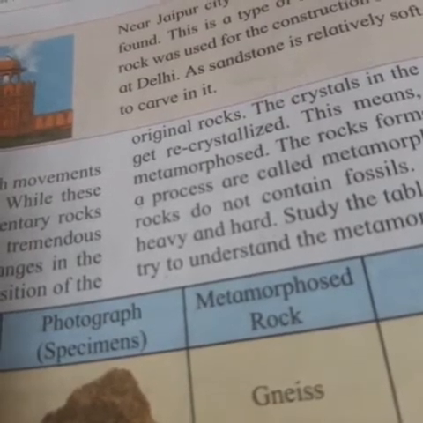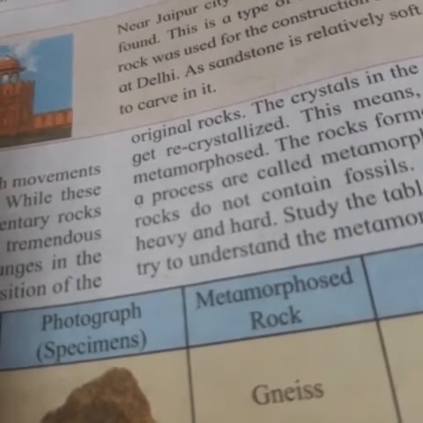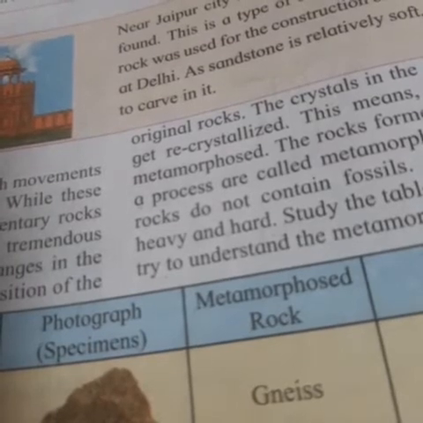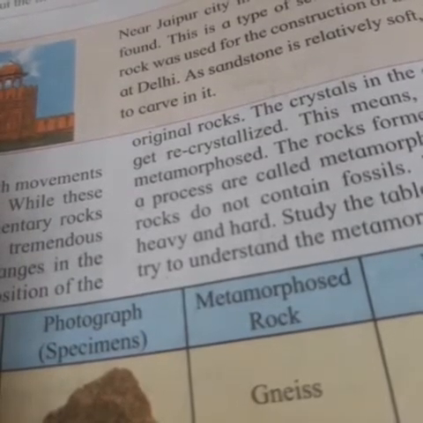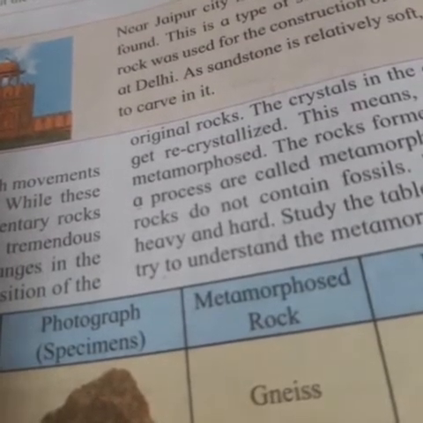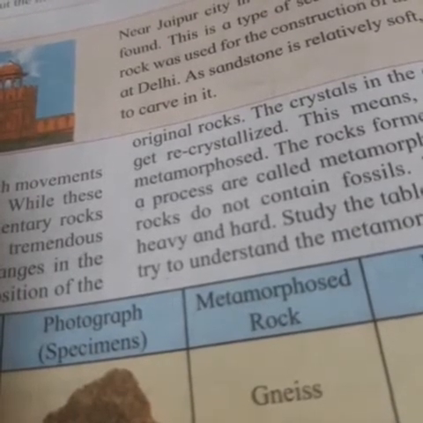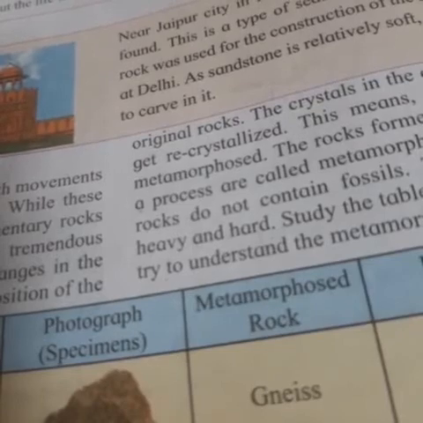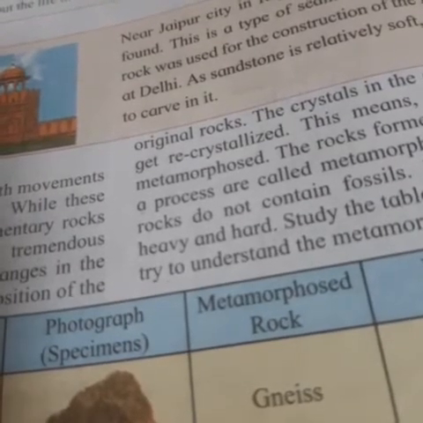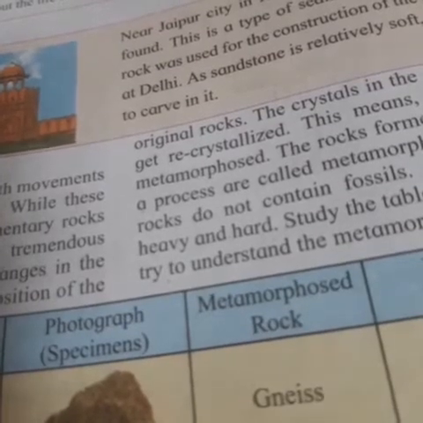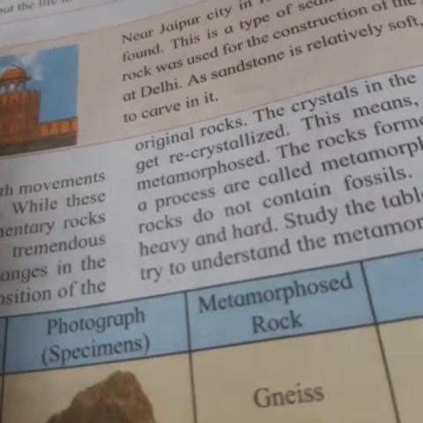Usually, while buried deep below Earth's surface, exposure to these extreme conditions has altered the mineralogy, texture and chemical composition of the rocks. When the crystals in the original rocks get recrystallized, the rocks get metamorphized, and this is called metamorphic rock.